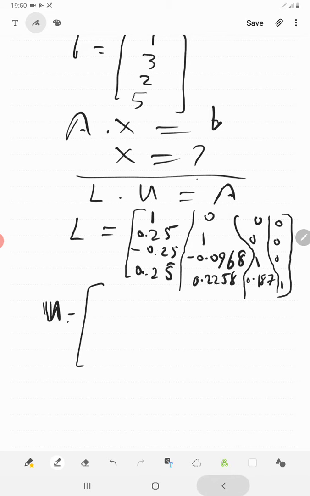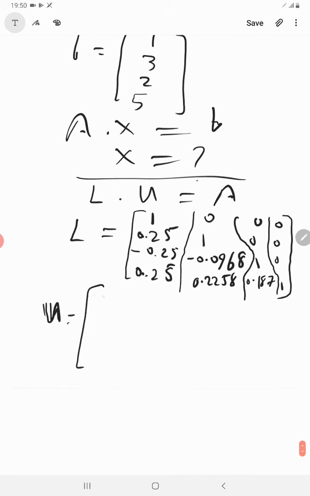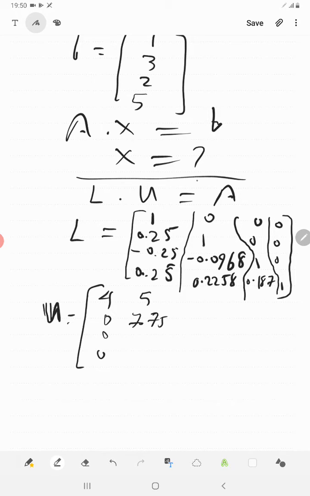So you get 4. That's the first row. It doesn't change. 4. You get 0, 0, and 0, and then you get 7.5, 0.75, and 0 and 0 here, and you get a 3.